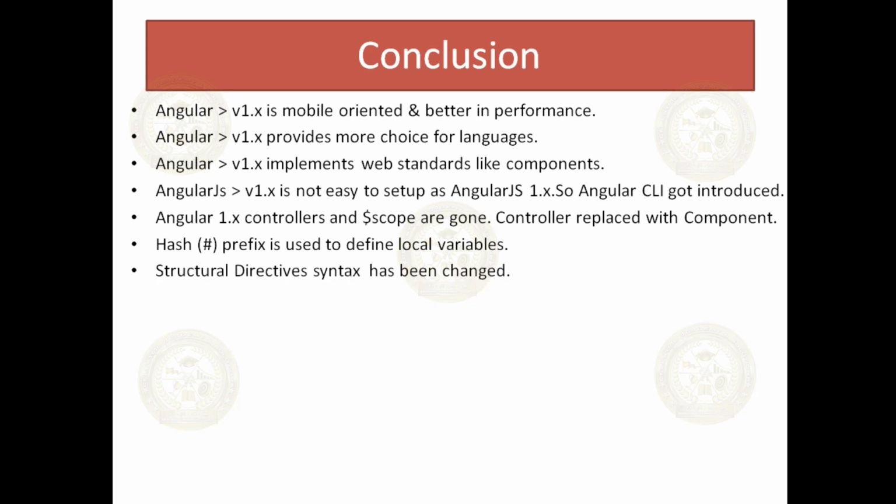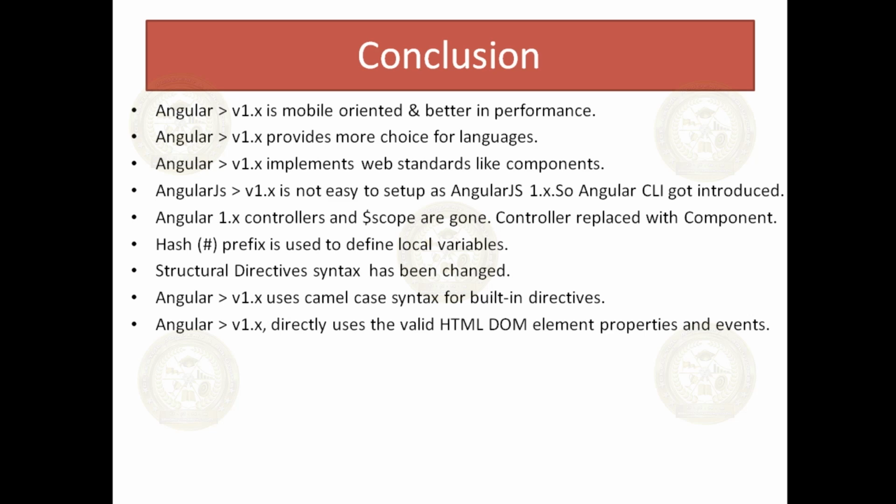Structural directive syntax has been changed. Angular 2 and above uses camel case syntax for built-in directives. Angular 2 and above directly uses the valid DOM element properties and events. One-way data binding directive is replaced with property binding inside the square braces.